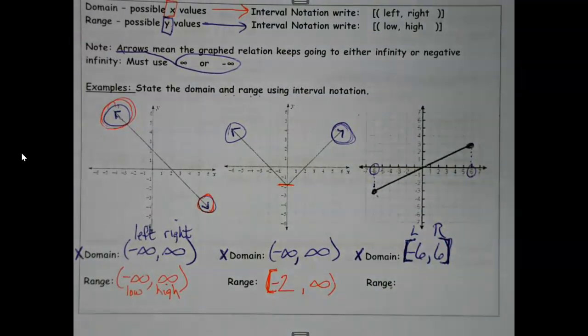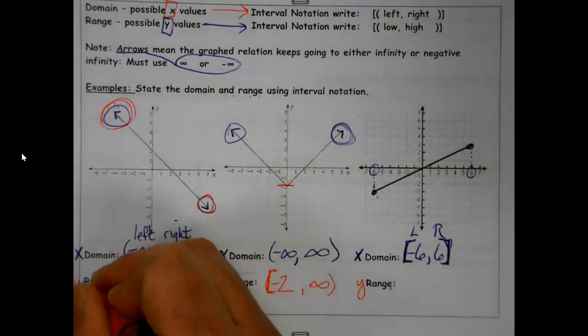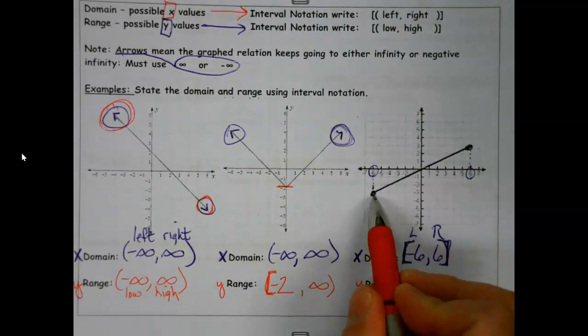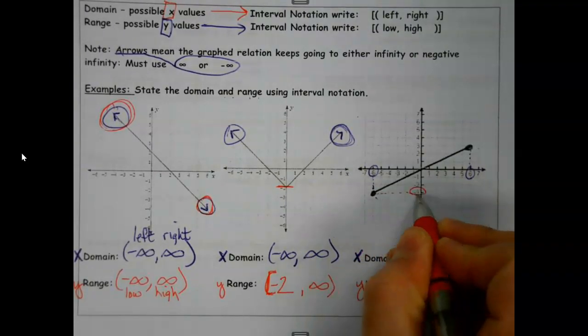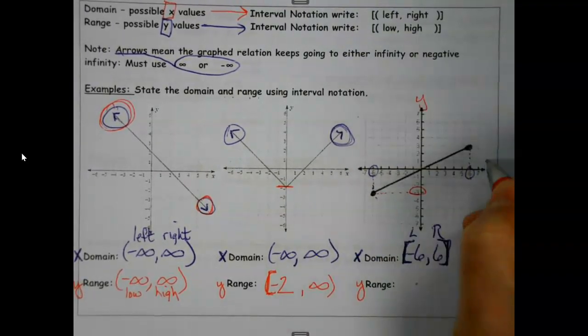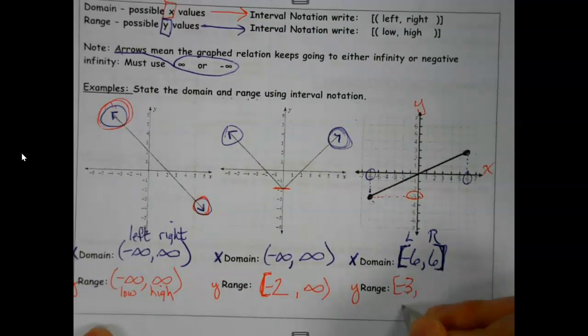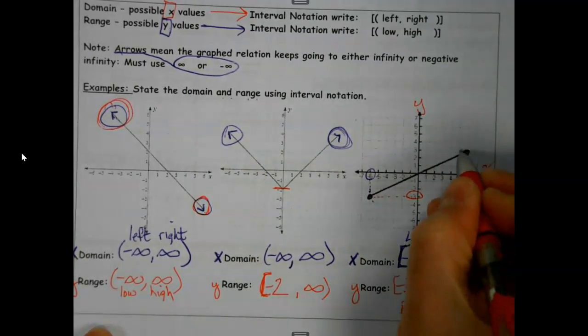When I go to do my range then, here's the bottom. But again, it's the y value that I'm looking for with range. So my bottom is at -3. And here's as high as we go.